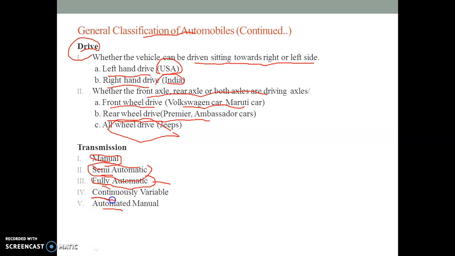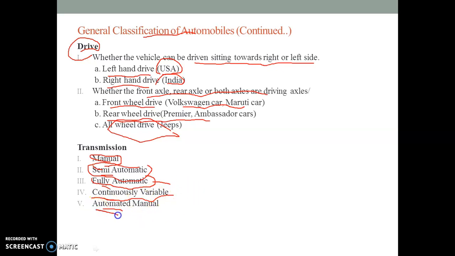Then is the continuously variable transmission system. These have a transmission which can select any desired drive ratio within its range. For example, Audi Multitronic, Honda Multimatic. So these are continuously variable.